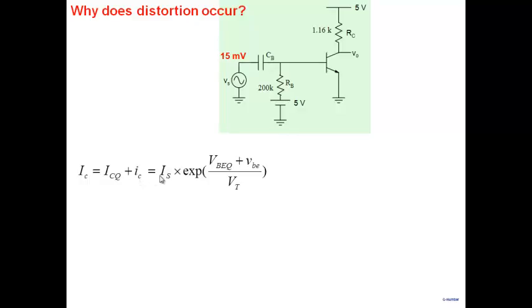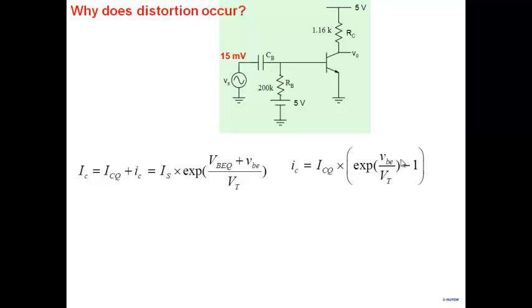And both of them always have to go as IS exponent VBEQ, which is DC, plus a small signal VBE by VT. So small signal base emitter voltage here is nothing but VS. If I look at this relationship here, then the AC current IC is ICQ times exponent VBE by VT minus 1. From here we can write.